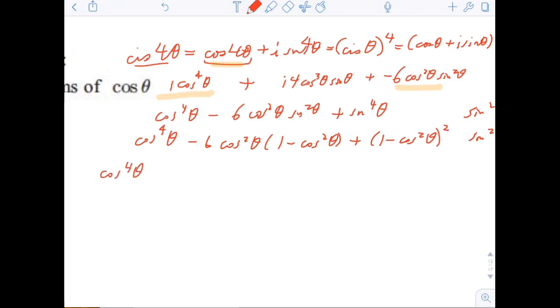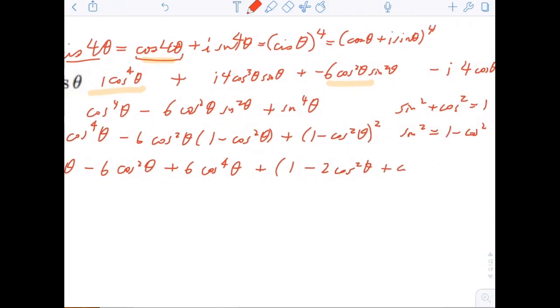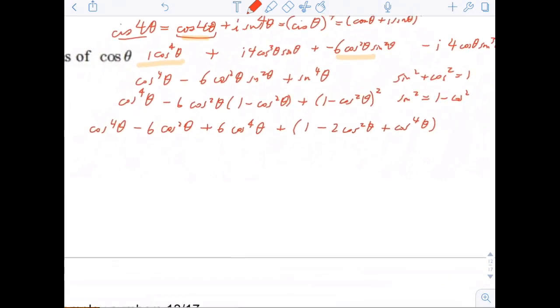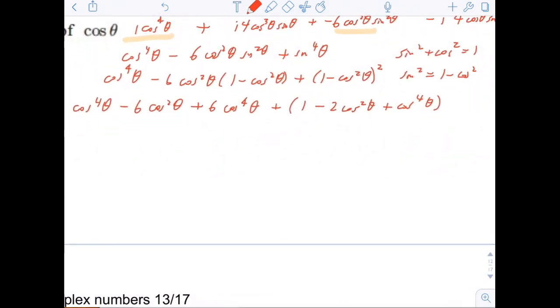Cosine to the fourth theta minus 6 cosine squared theta plus 6 cosine to the fourth theta plus 1 minus, oops, I didn't do FOIL. So this needs to do FOIL. Now the trash truck's going to be really loud because it's going up the hill. 1 minus 2 cosine squared theta plus cosine to the fourth theta. The window's closed, so it's not that bad.